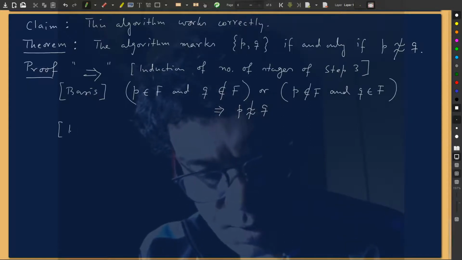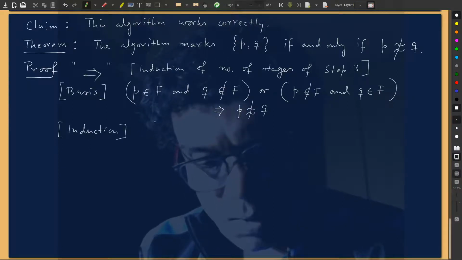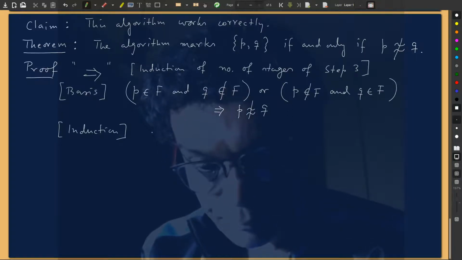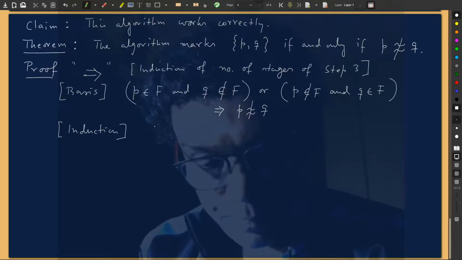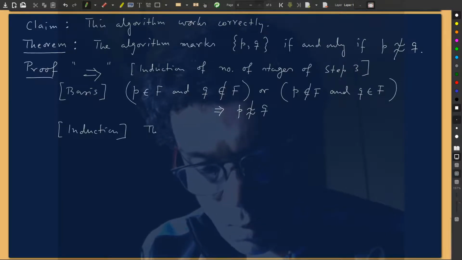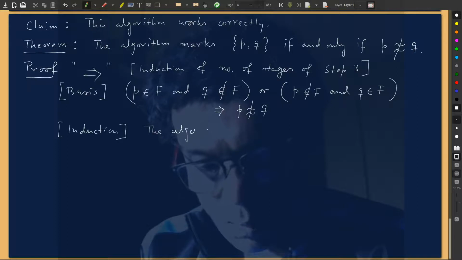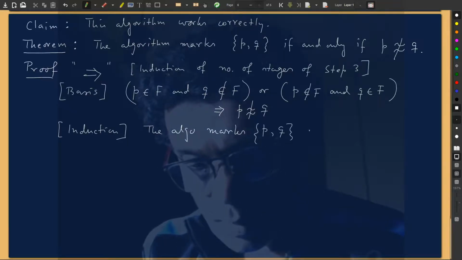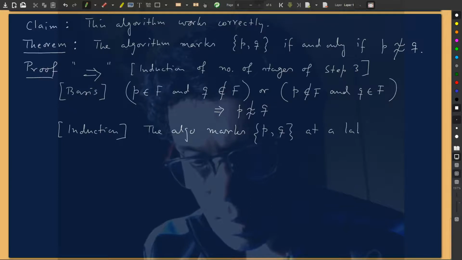So on the other hand, inductive step. Okay, so suppose that the algorithm marks PQ at a later stage. What does it imply?